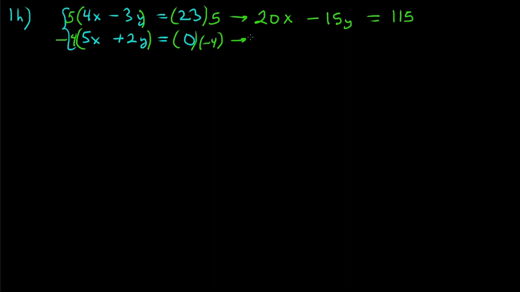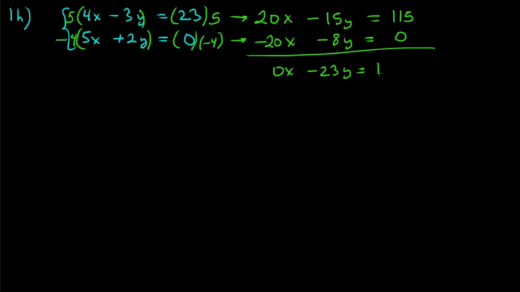And for the bottom equation, we're going to get negative 20x minus 8y equals 0. So add them together, we eliminate x, we get 0x, which is 0, right? Minus 23y equals 115. Okay, so just divide by negative 23. And y is going to be negative 5.